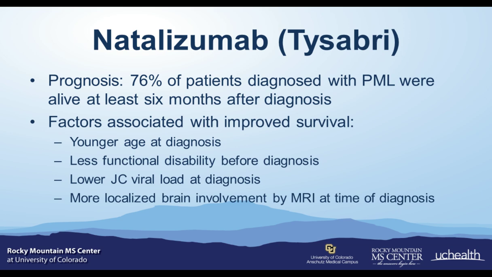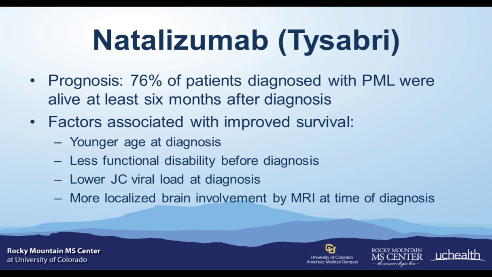The prognosis of patients with Tysabri is a little bit better understood, again, because we have more cases and more information. About 76% of patients diagnosed with PML on Tysabri were alive at least 6 months after the diagnosis.